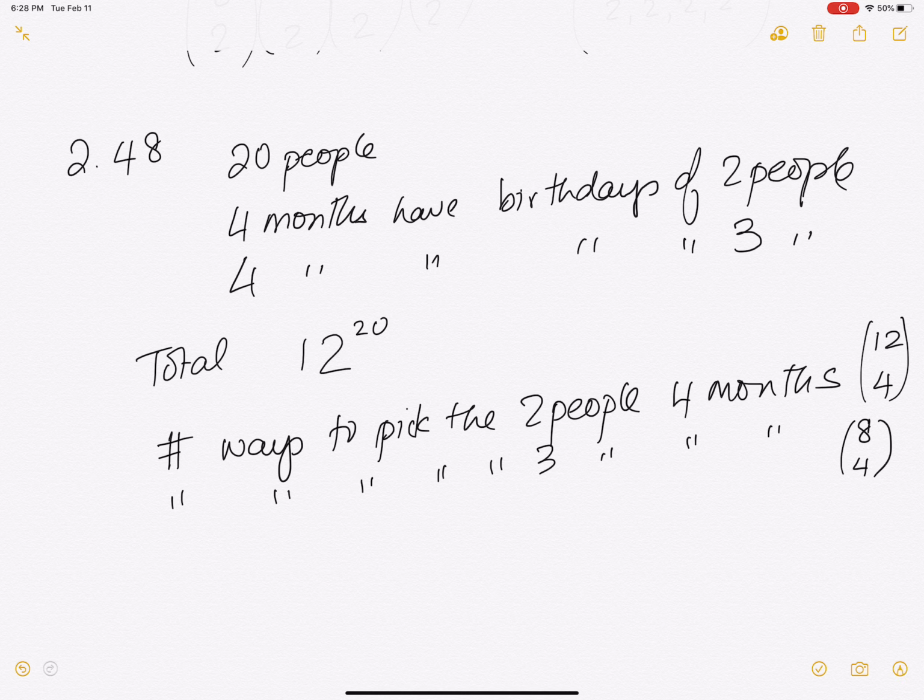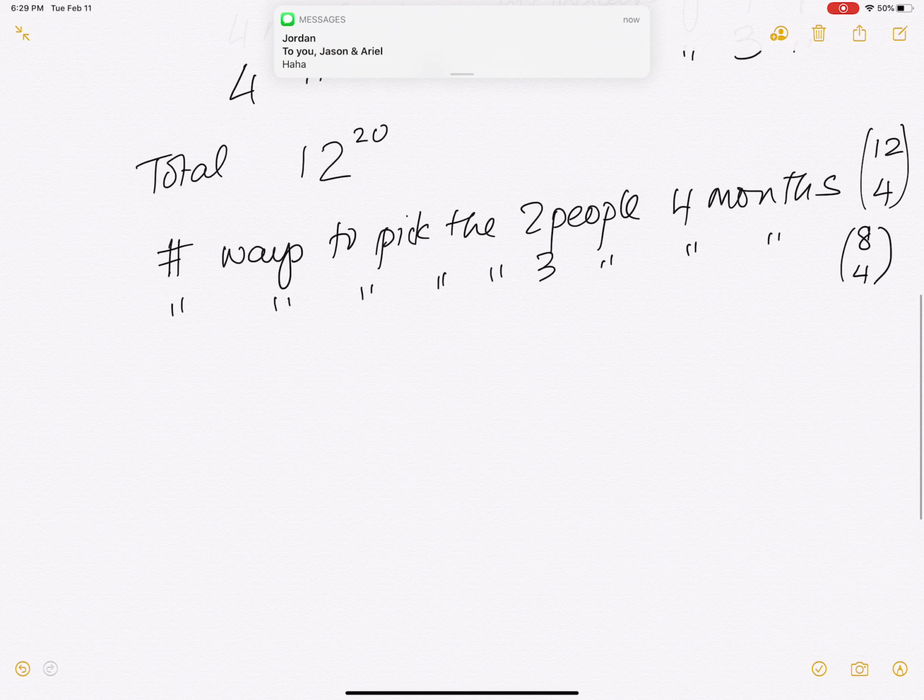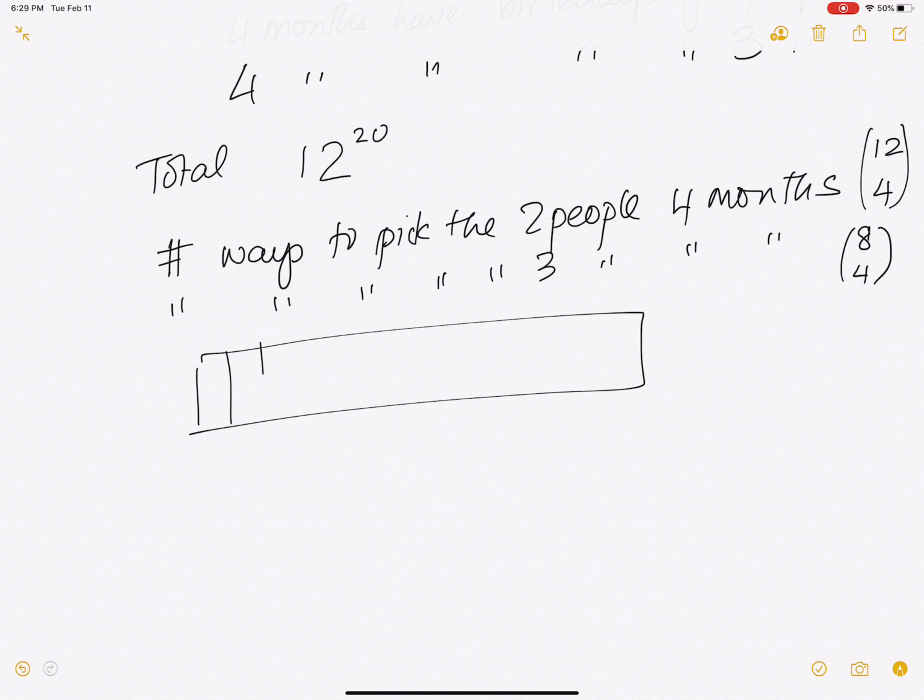So now what do we have? We have 4 months that we have chosen from the 12, which will be birthdays of 2 people. Okay, and 4 months, whatever it be. Let's suppose you pick this one, this one, this one, and this one, and then you've picked 4 months to be birthdays of 3 people.